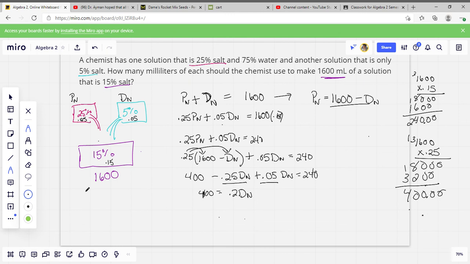I'll go down here, 0.25 and 0.05, and I get 0.20, which is the same thing as 0.2. Alright, and that'll be negative 0.2 DN equals 240. Now we're going to subtract 400.